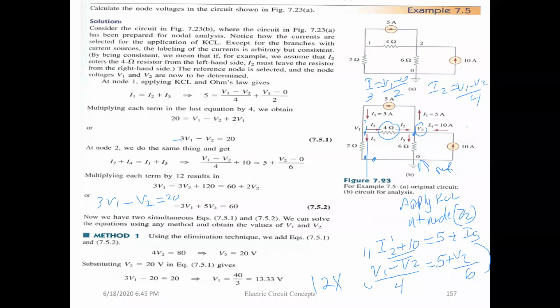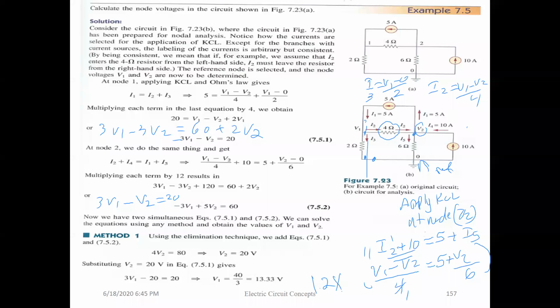If we multiply 12 times this term, the 4 cancels out and we have 3, so it will be 3V1 minus 3V2, and then 12 times 5 is 60, and 12 divided by 6 is 2, so it will be 2V2.